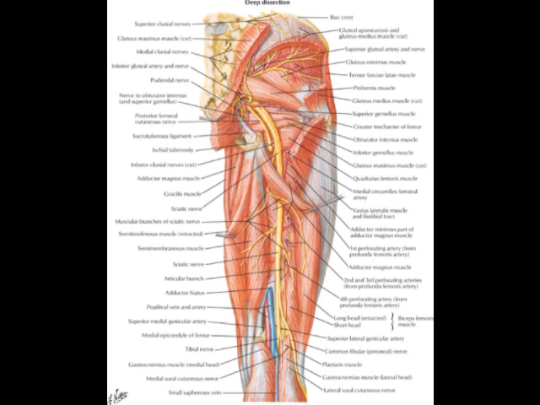Then you can see the adductor magnus muscle, the sciatic nerve, the tibial nerve, which supplies your tibial bone, which is lower down there. Close to your tibial is your lower bone that goes below your ankle, basically.